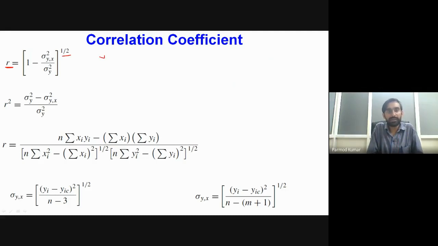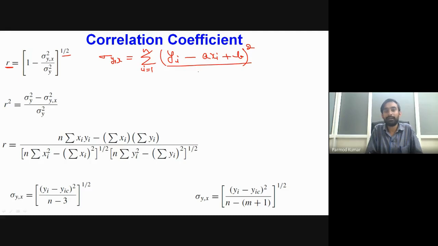Here, sigma_yx represents the summation, i varies from 1 to n, of (yi minus (a xi plus b), if we are using a linear fit) whole squared, divided by (n minus 2), and whole raised to the power 1/2. This is the standard error associated with the correlation between y and x.